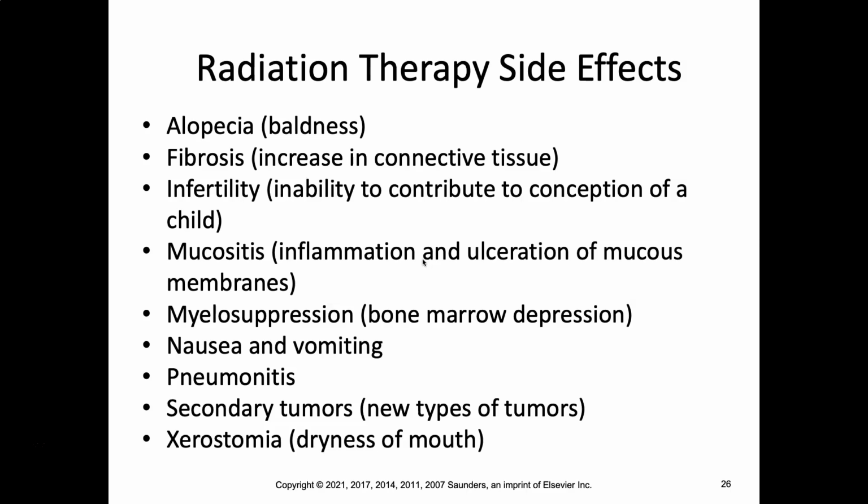The amount that's sent in to kill the cells is very carefully calibrated, and even though they do a lot of protective wear on the patient that's receiving the radiation therapy, these things still do take place.